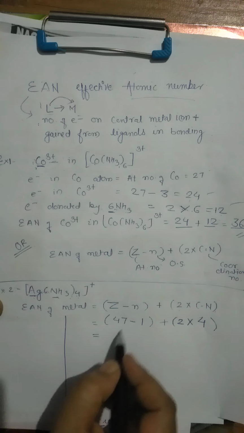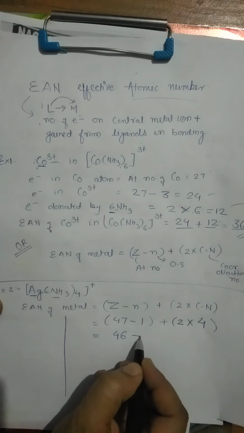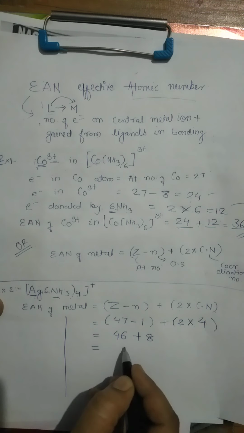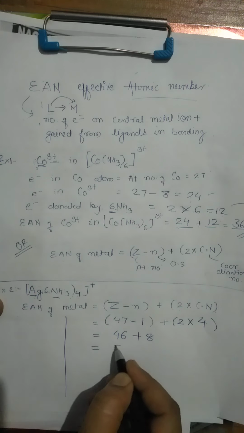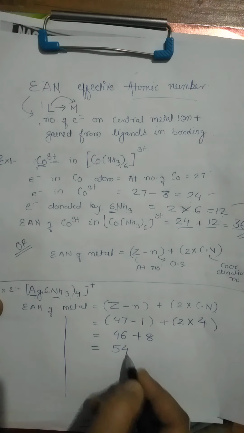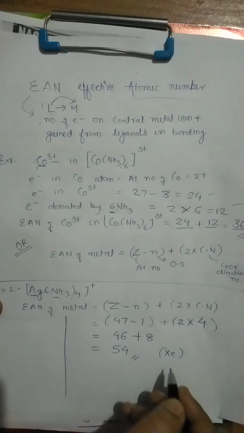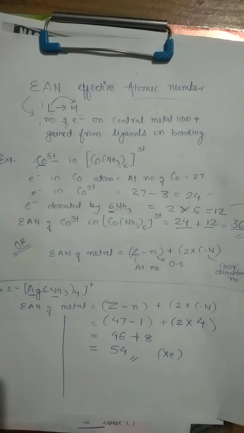Now just make it 46 plus 2 into 4, that is 8. How much is it? It is nothing but 54. Now 54 is nothing but the atomic number of the noble gas xenon.